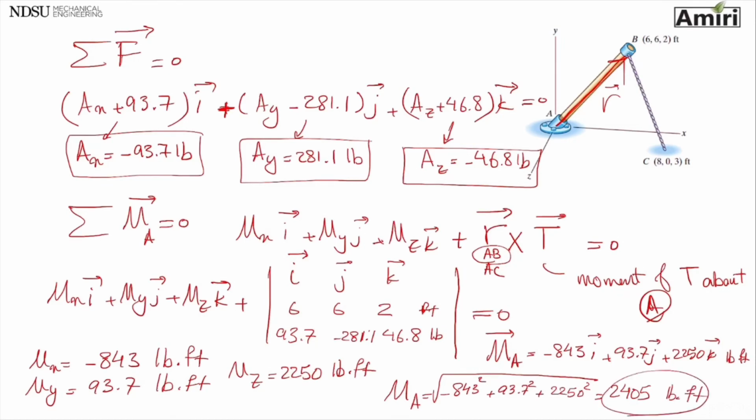So that is how big the moment at point A is because we put a tension on it. The problem says it can sustain up to 3000. So the answer is no failure, and this rod will hold perfectly fine with that much tension that we put on it. Thank you.